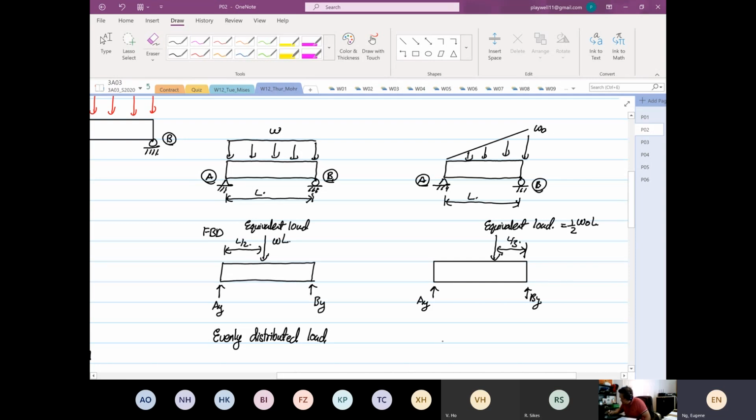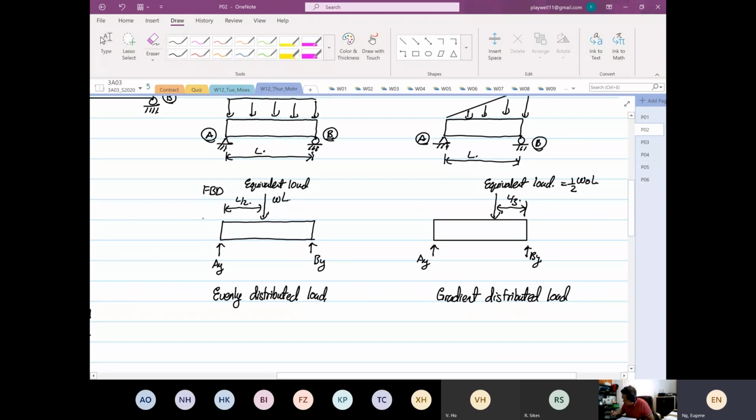So this is a gradient distributed load. Both of them, we can identify the position of the equivalent load easily, yes or no, right?